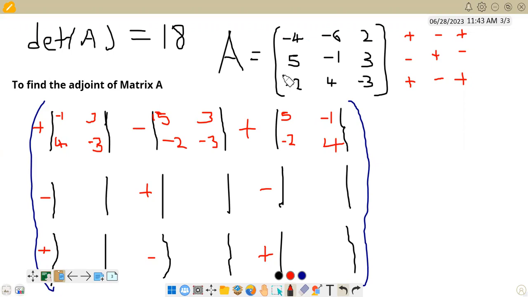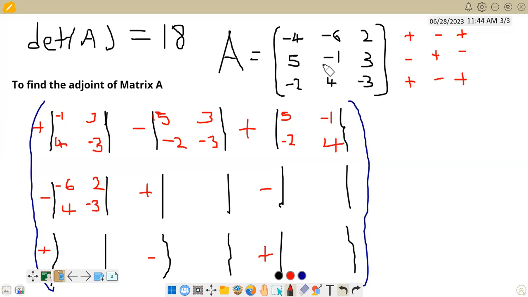Then tikubweraso pa row 2 tsopano column 1 kuti tiyike apa. That we are remaining with negative 6, 2, 4, negative 3. So tikubweraso apa ndetiyika negative 6, 2, then 4, then negative 3.